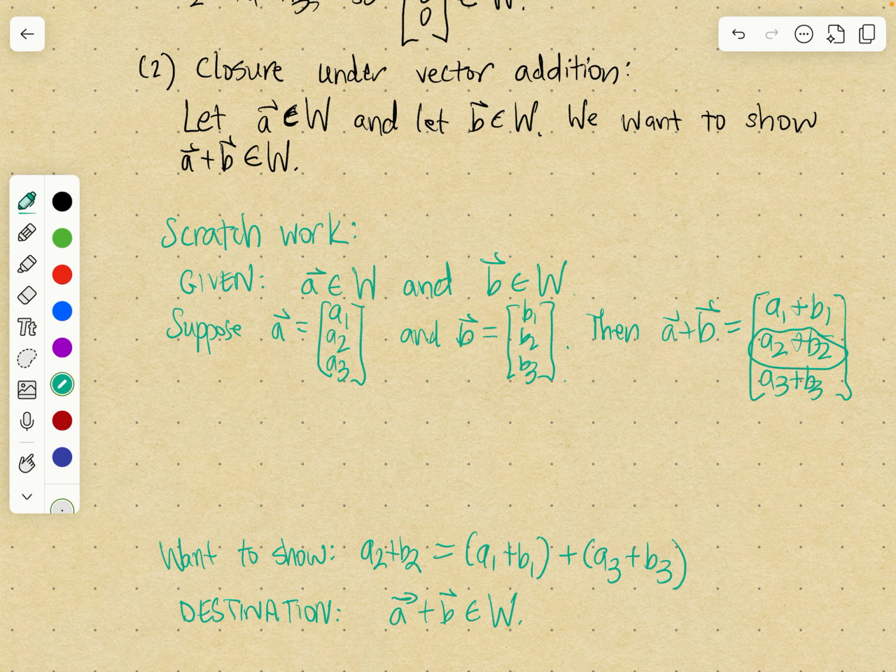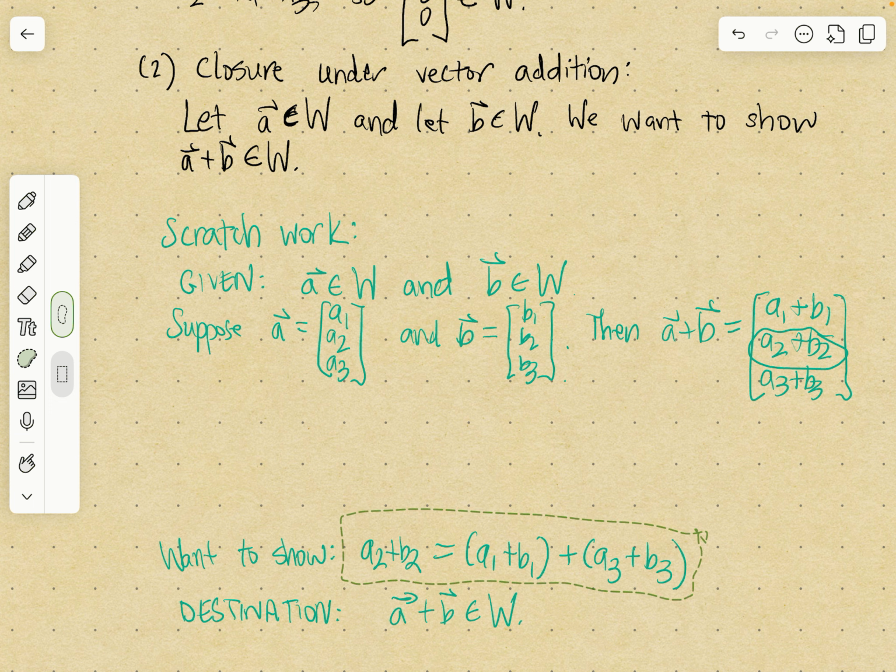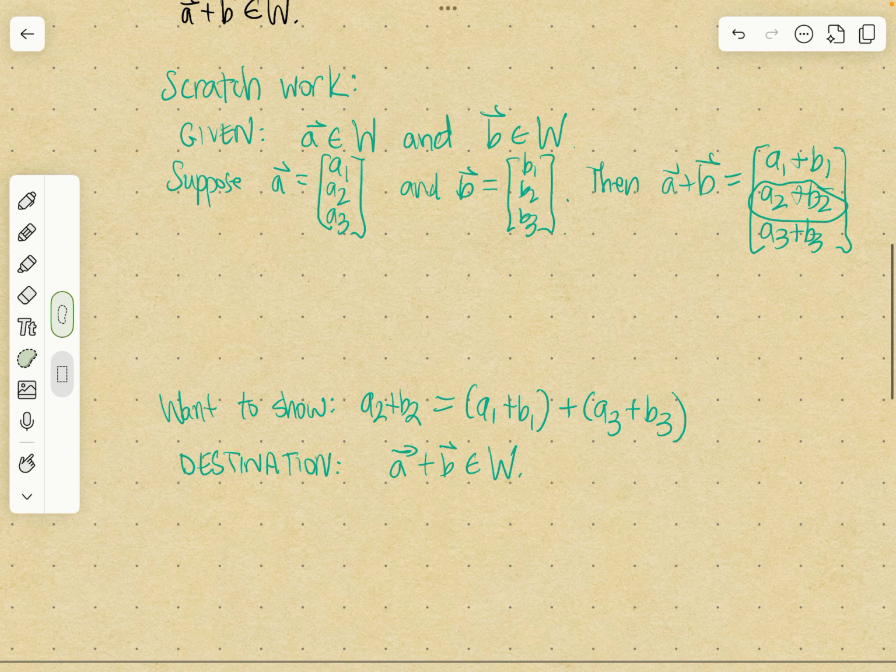So if we can show that this equation is true, then we're done, because that's what we need to show in order to prove that A plus B is in W. Well, we know that A is in W and B is in W, and we need to work with that, right? A isn't just any random vector in R3, it's a vector in W, so we need to use that fact somehow. Well, what does it mean for A to be in W?